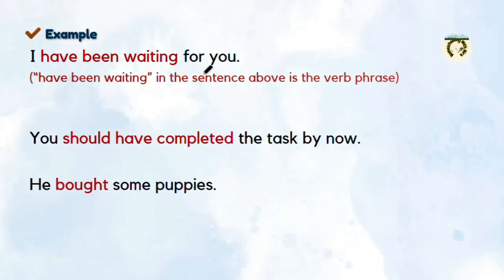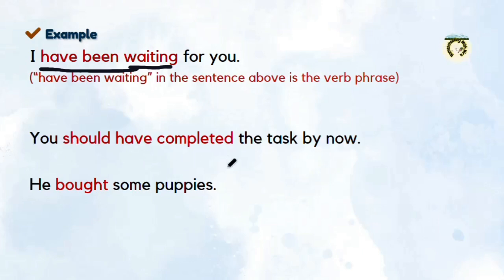Okay, so where is the verb in this sentence? Waiting. Does this verb have anything else connected with it? Have been waiting. So now this is a group of words, which means it's a phrase. And which type of phrase? It's a verb phrase, right?